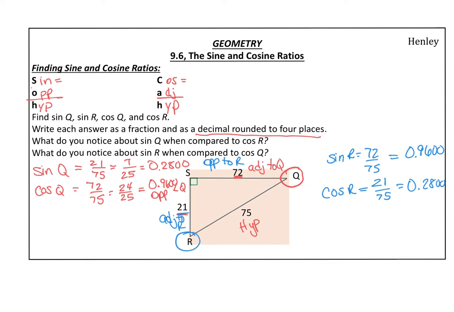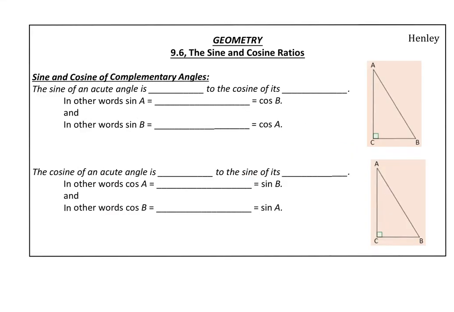If you notice, the sine of Q and the cosine of R have the same answer. And the cosine of Q and the sine of R have the same answer. When you're talking about complementary angles, sine and cosine of complementary angles are related. For example, the sine of an acute angle is equal to the cosine of its complement.